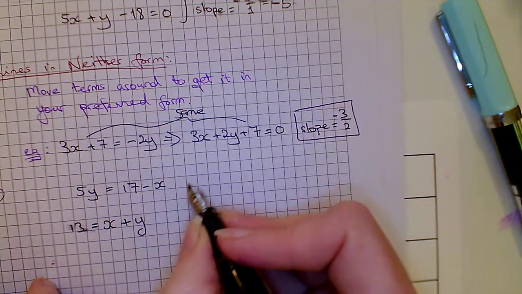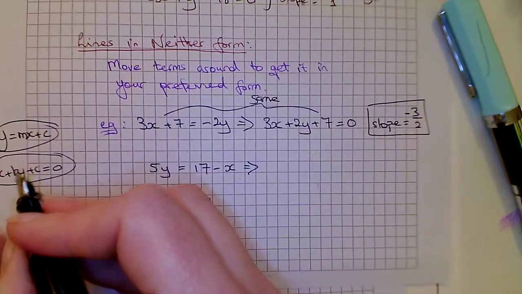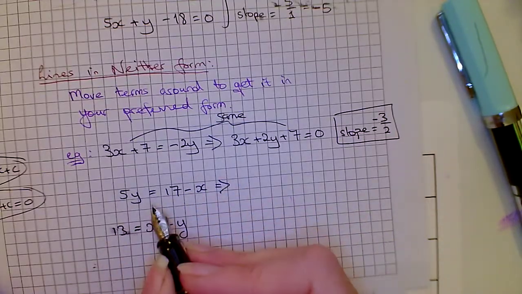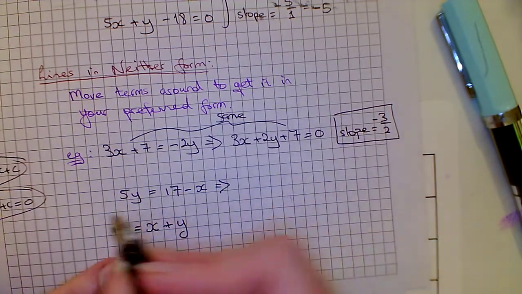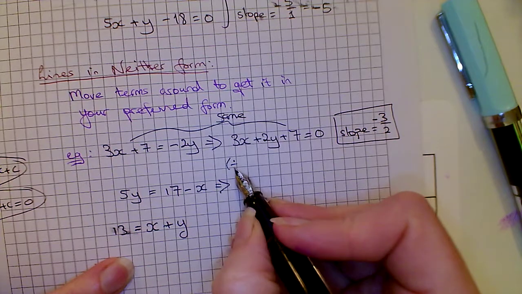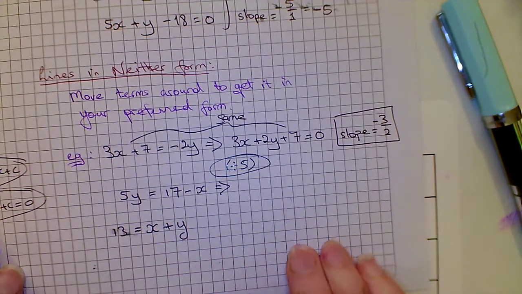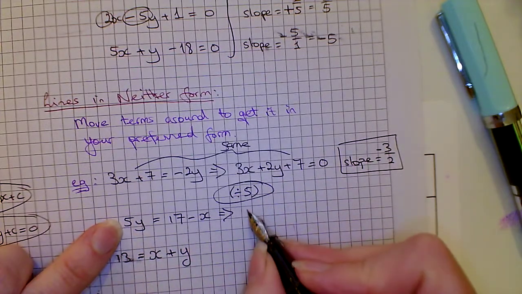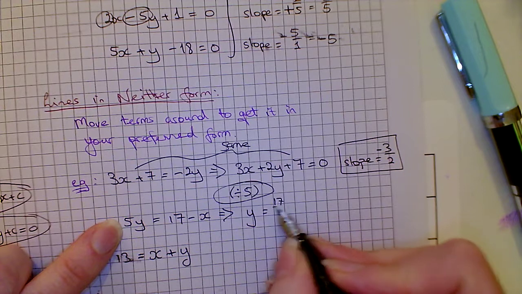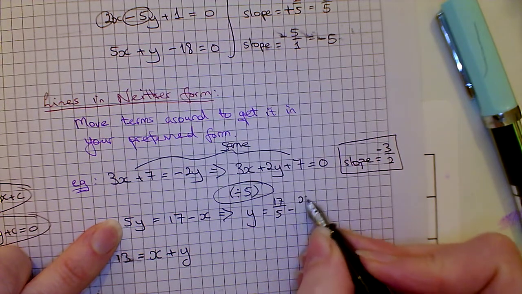What about this one? Well, this one is really near to y equals mx plus c. You can bring everything to one side, and if you want to just keep doing that, that's easy. Or I could divide everything across by 5. Why would I do that? Because 5y divided by 5 is y, equals 17 over 5 minus x over 5.